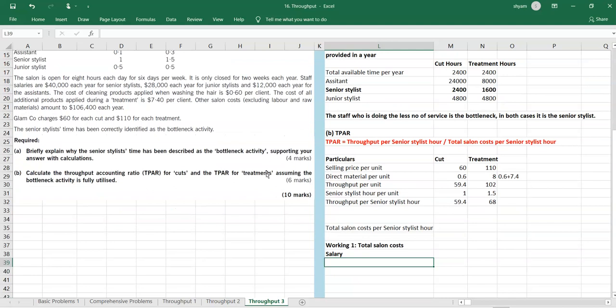We have three salaries here. So one is going to be, I think we can just copy this so that it's easier. These three people, and each of them are paid 40,000, 28,000, 12,000.